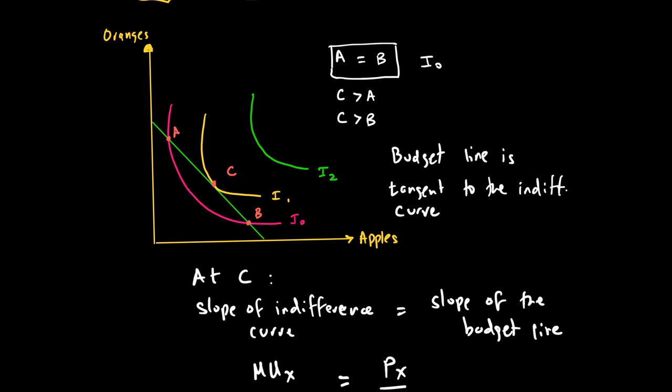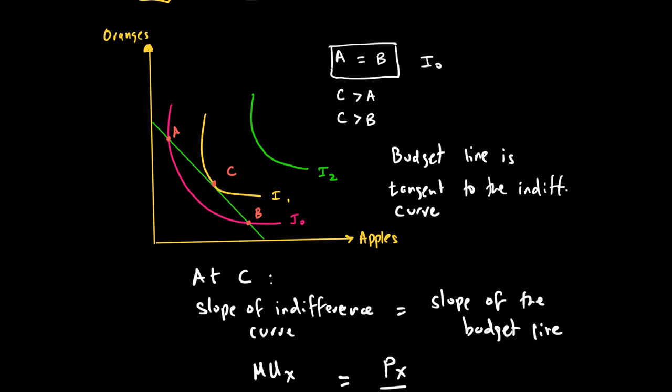There are a lot of questions that come in exams which will ask us what is meant in economic theory by consumer equilibrium, and the answer is that if you use indifference curve analysis, that is the point where the equi-marginal principle is true, and that is the point where we choose the indifference curve that is to the right and also affordable, which means it is tangent to the budget line.